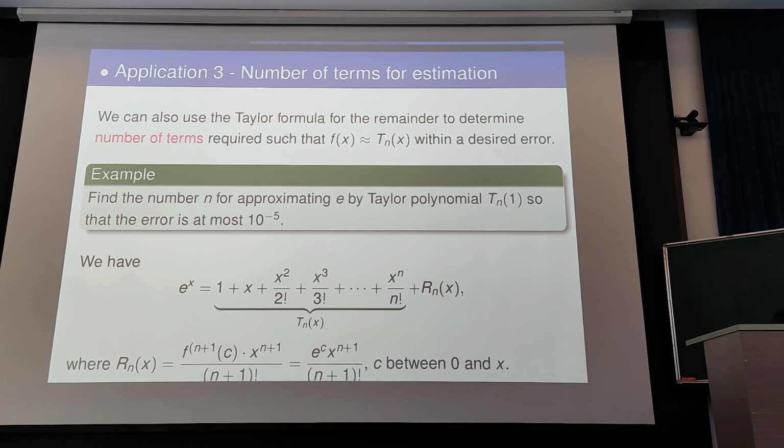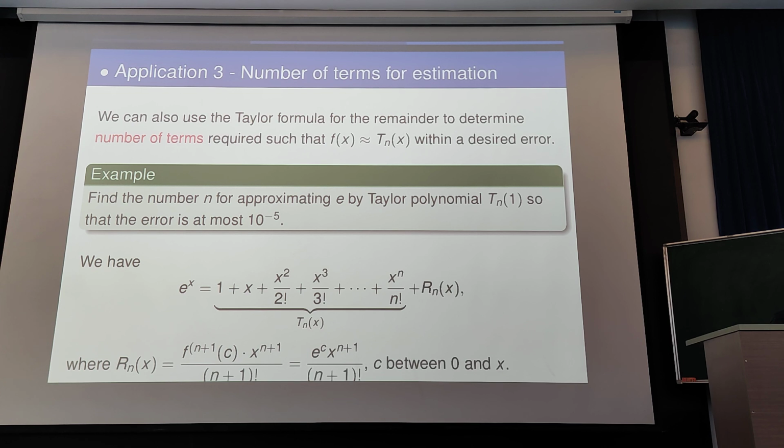But sometimes using a Taylor polynomial with too big an order leads to complication of calculating, right? Because we have more terms to calculate.